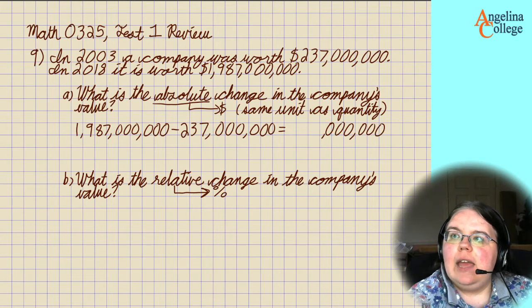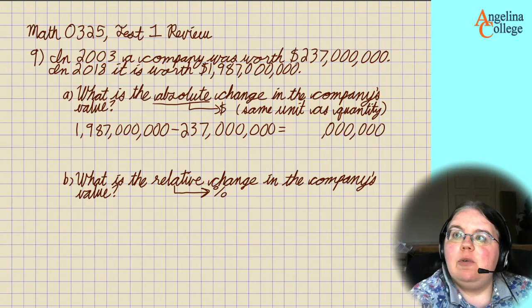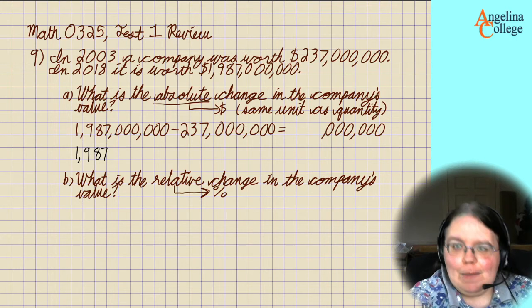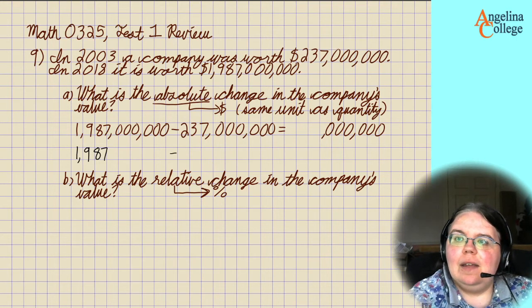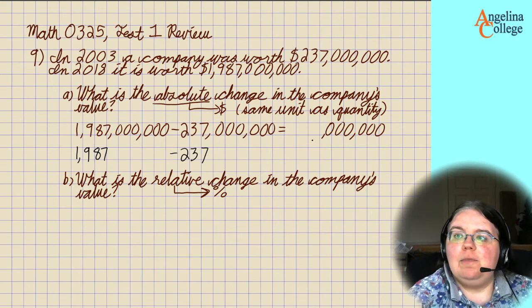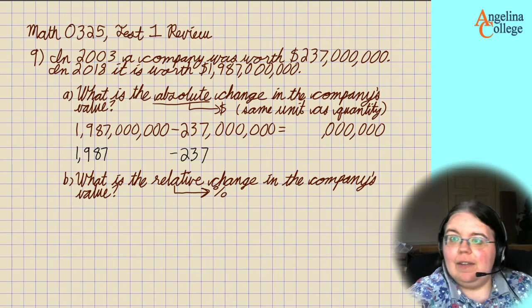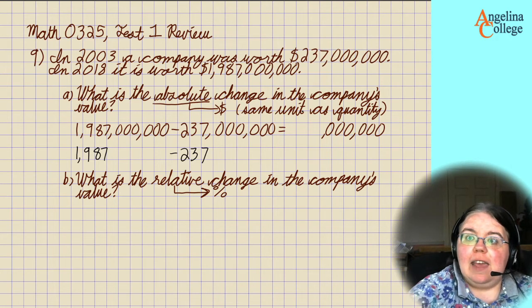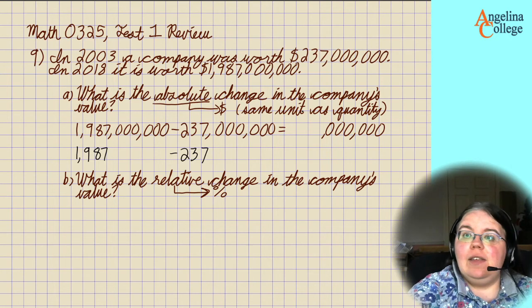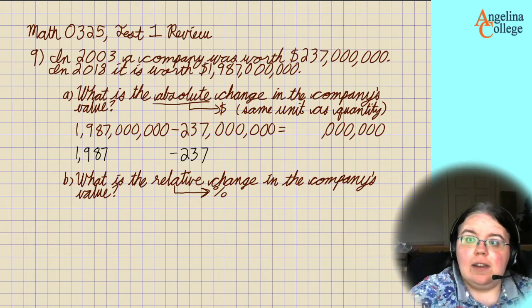And say, okay, we're working in millions, but what we put into our calculator is just the 1,987, in other words, 1,987,000,000 but with the zeros dropped, minus 237. Remember, we're just putting the zeros back on afterward. It just prevents miscounts on how many times you hit the zero with your thumb. You can deal with this either way.